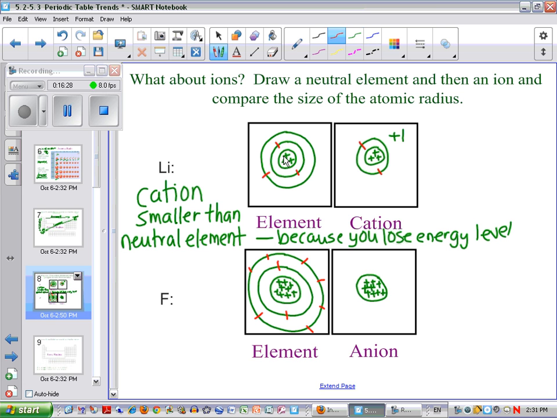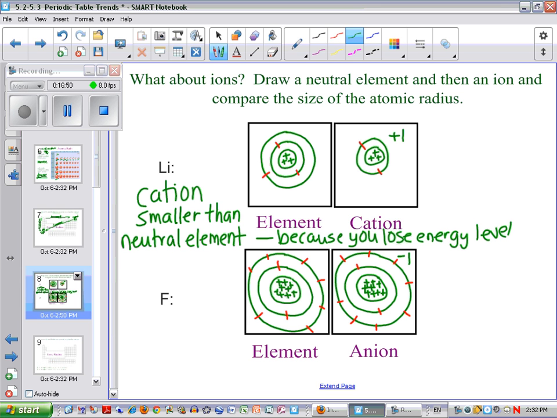Because fluorine is a nonmetal, it tends to gain electrons to become negative. And if it has 7 valence electrons, how many electrons will it gain? Just 1, forming an overall -1 charge.